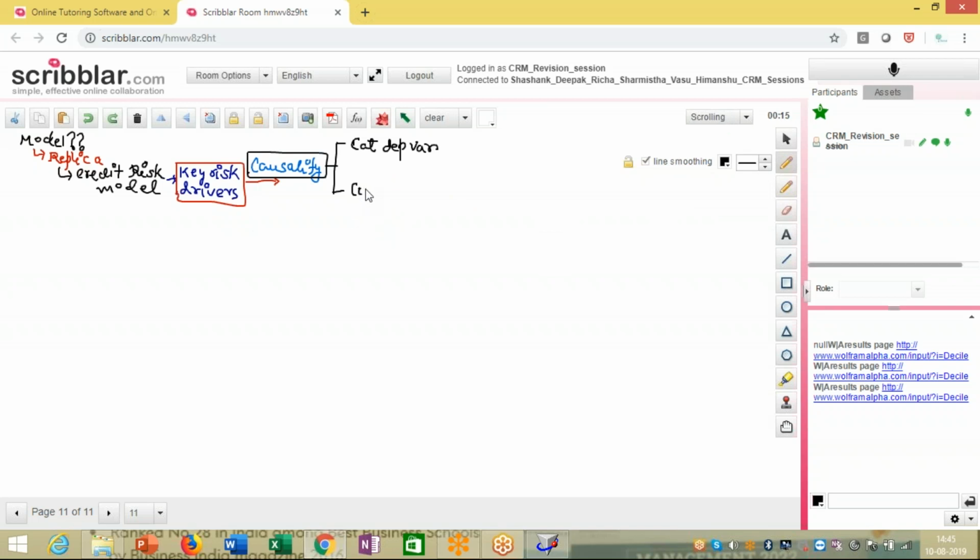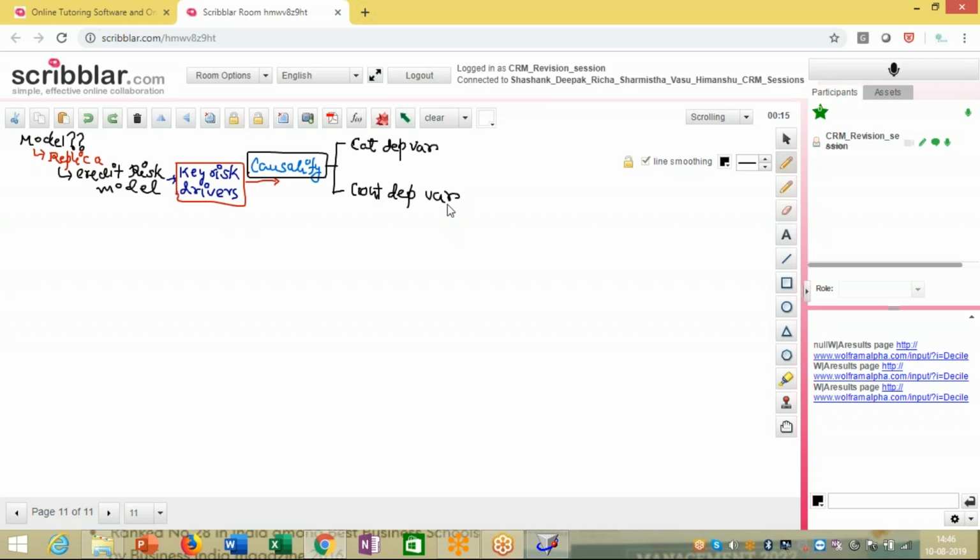So there are these two types of variables. One is the categorical dependent variable, the other is the continuous dependent variable. And the independent variables can be a mix of continuous and categorical variables, right?